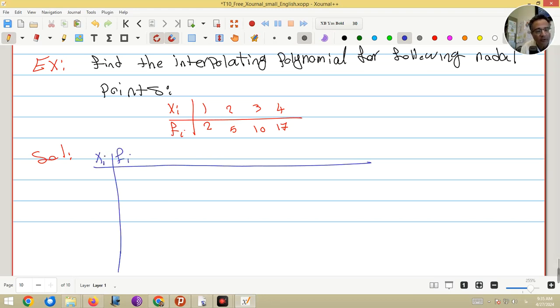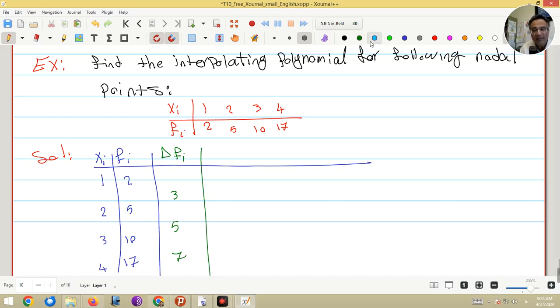So let me write xi here: 1, 2, 3, 4, and f: 2, 5, 10, 17. Okay, now let me write delta fi. 5 minus 2 will be 3, 10 minus 5 will be 5, and this one will be 7.